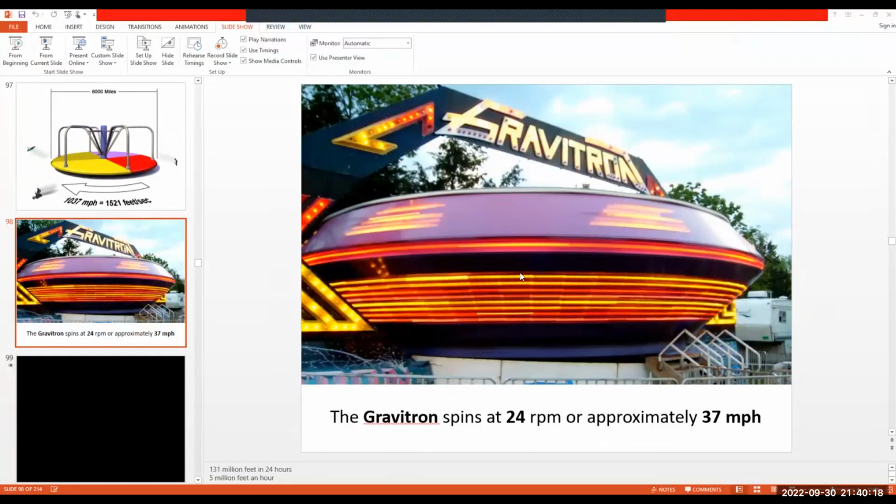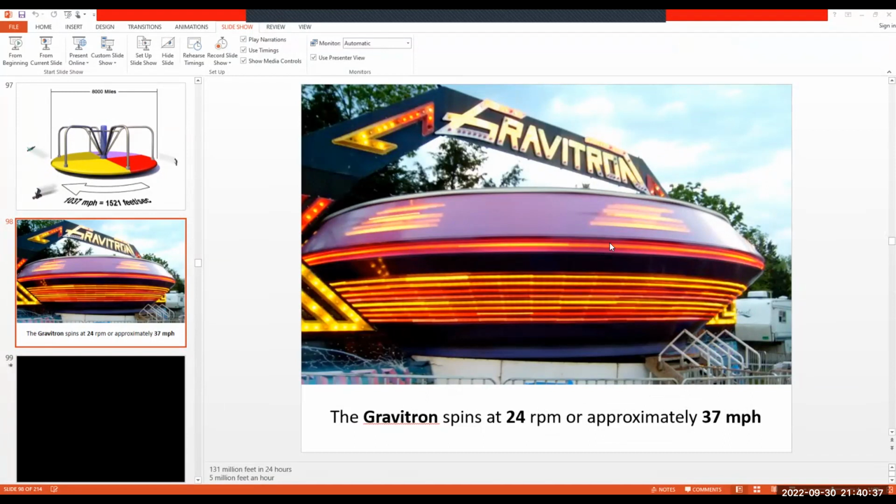Yes. Right. So there's a version of the gravitron, I've been on several like this, that doesn't just spin like that, but it also starts tipping upwards. So it's now 90 degrees to the ground. I've been on that a few times.